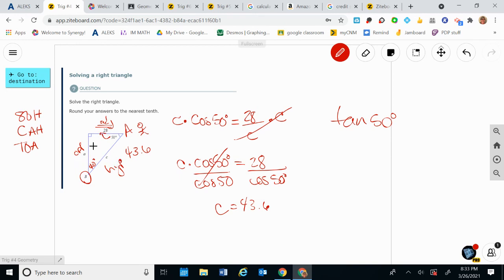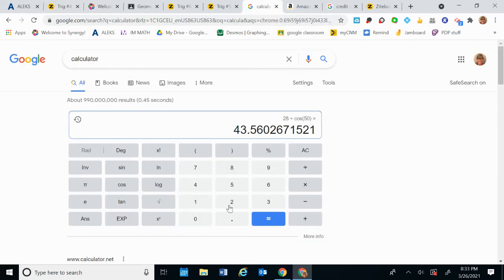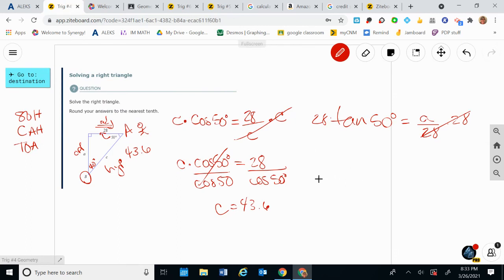I'm just going to use the 28 because that's what they gave me, and I didn't round to get the 28. So tangent of 50 is equal to A, opposite over adjacent, multiplied by 28. So it's 28 times tangent of 50, 33.4. Okay, so A equals 33.4.